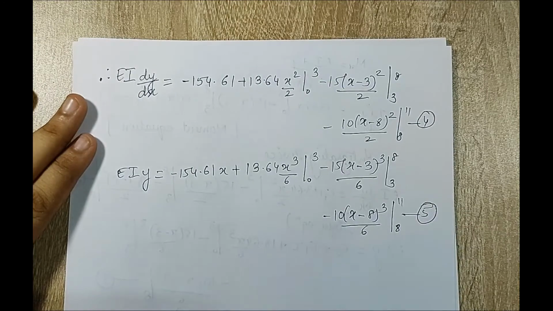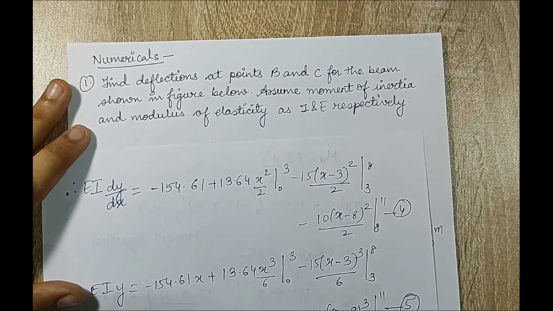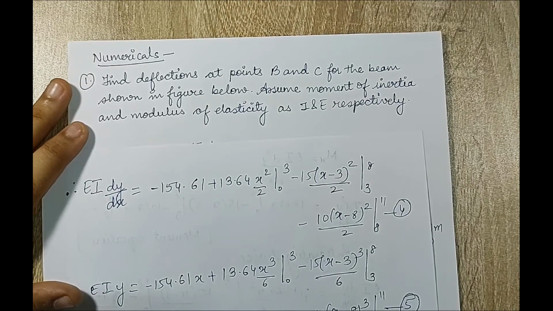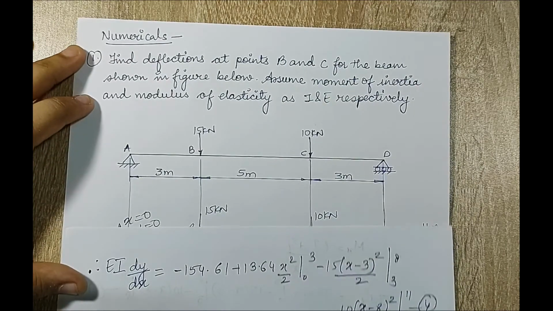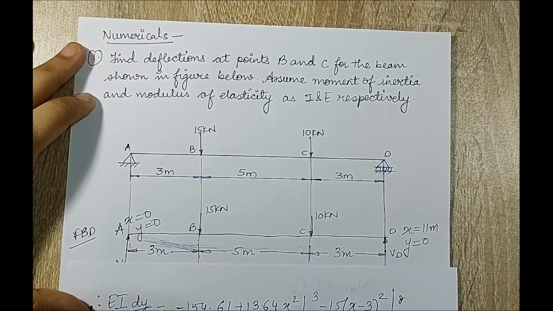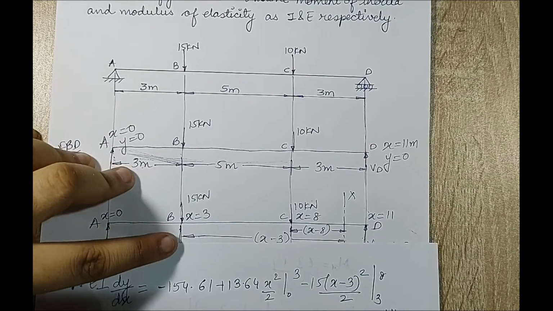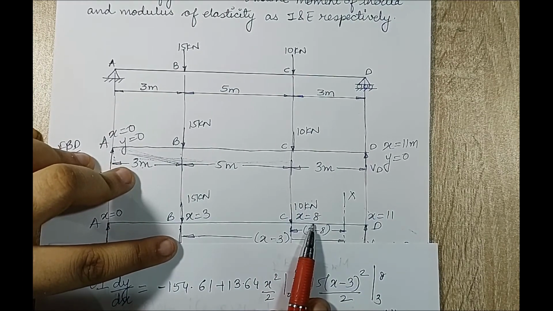This is my equation number 5. Now the problem says find the deflections at points B and C for the beam. So when I have to calculate the deflection at point B and C, you can see the value of x at point B is 3 and for the point C the value of x is 8.